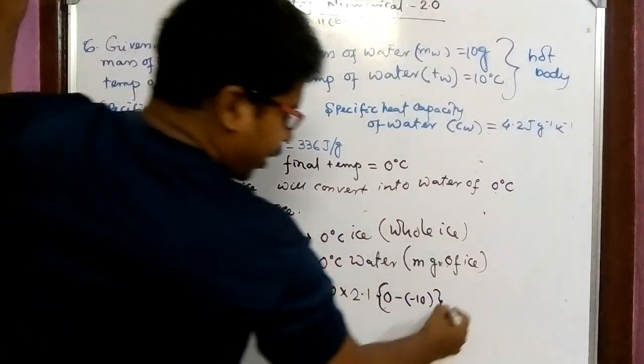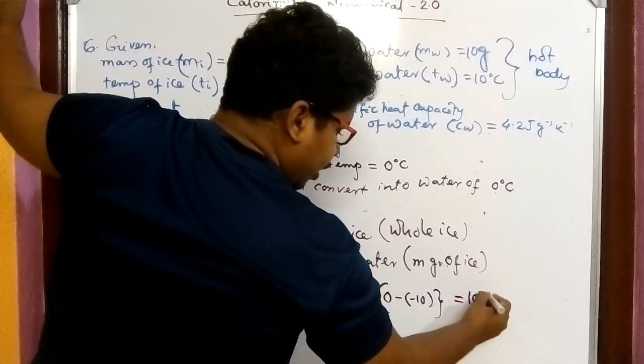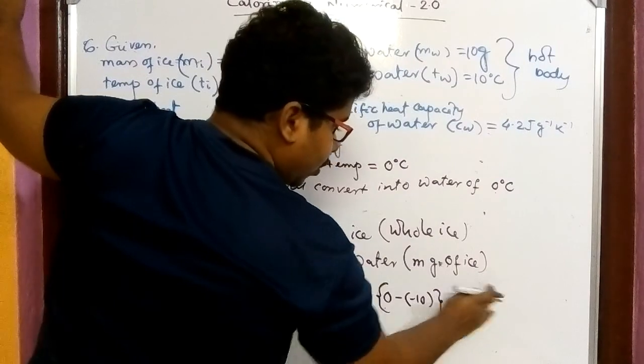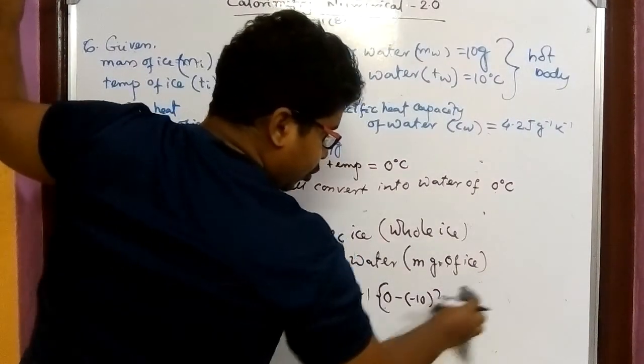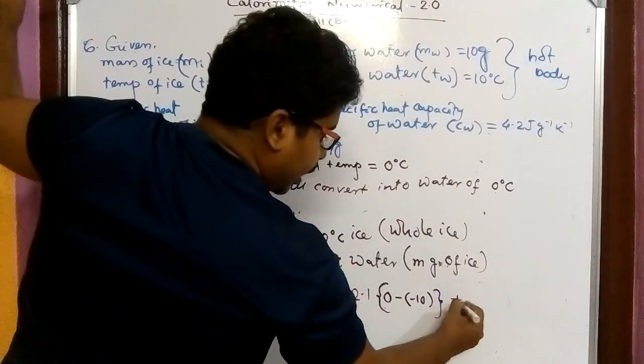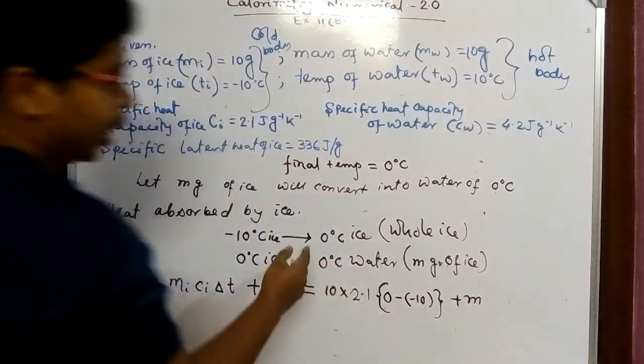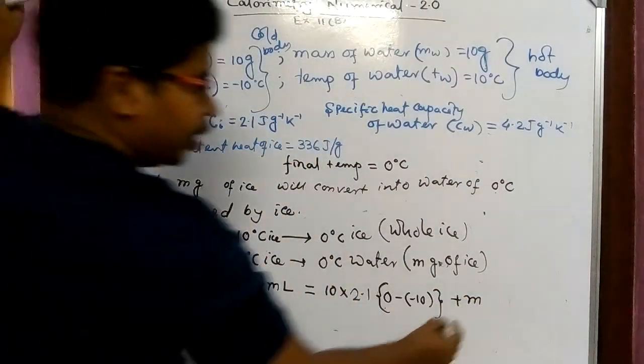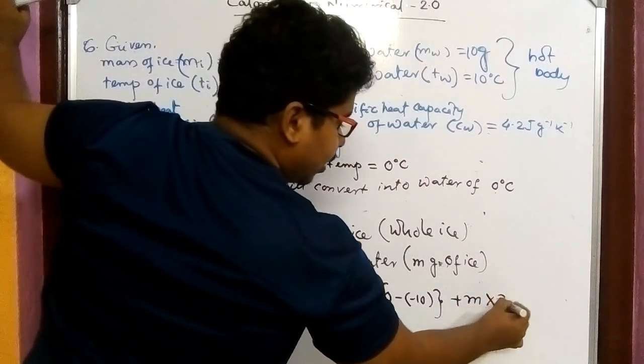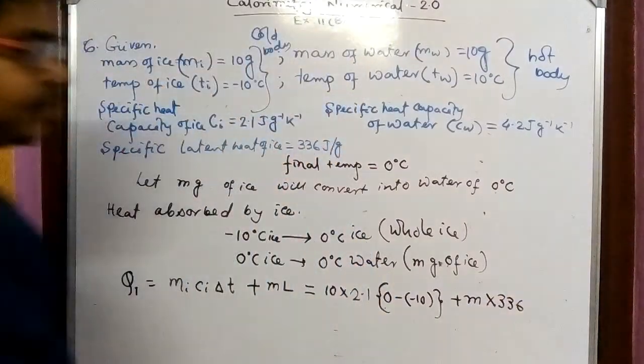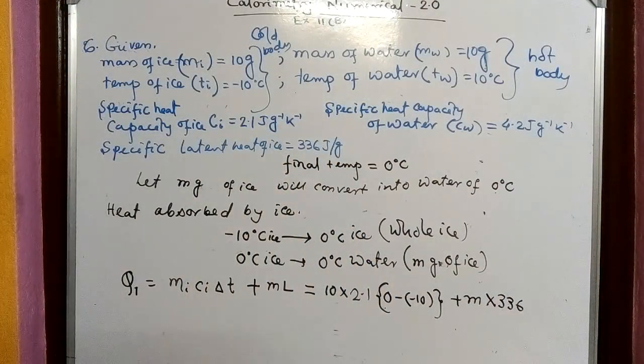Okay, now write 10 into 2.1. I'm sorry, the next part should be added, that is plus m, the value of m we don't know, into the value of L, that is 336. See whether you are able to understand or not. I think it is clear.